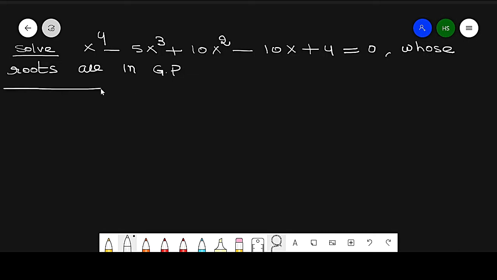So in the GP, the product of two roots is equal to the product of the other two roots.